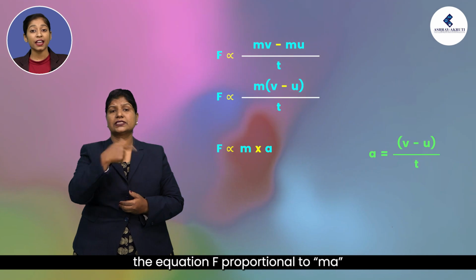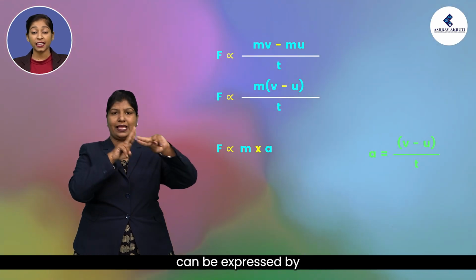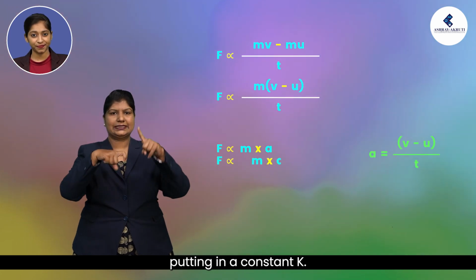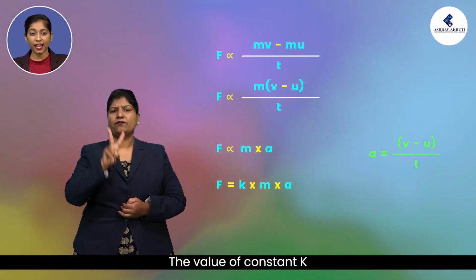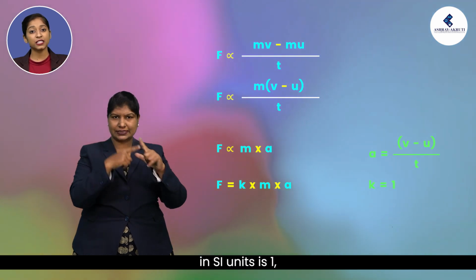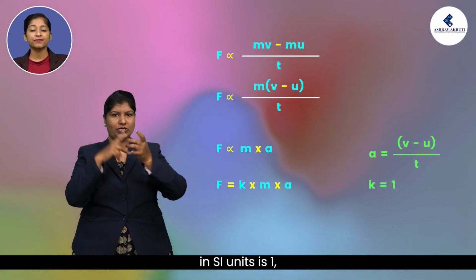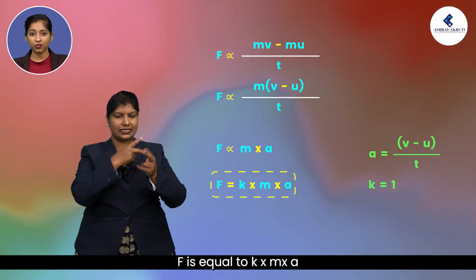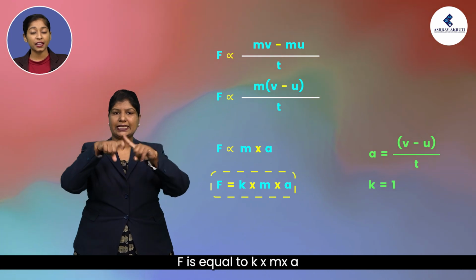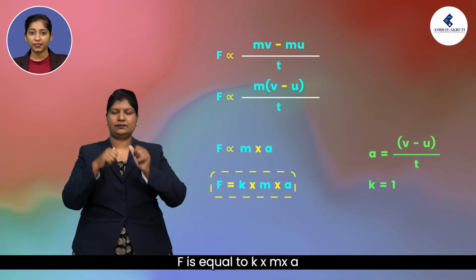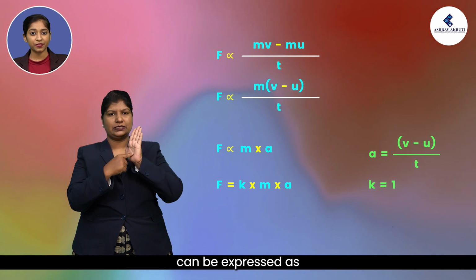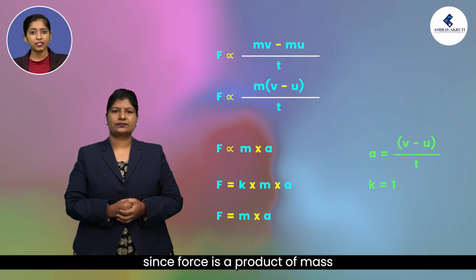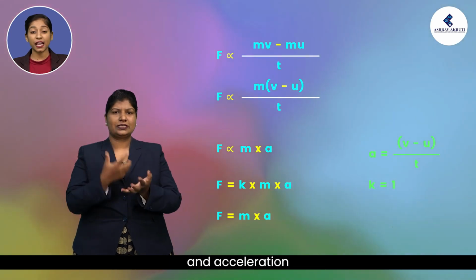The equation F proportional to ma can be expressed by putting in a constant k. The value of constant k in SI units is 1. The equation F is equal to k into m into a can be expressed as F is equal to m into a.